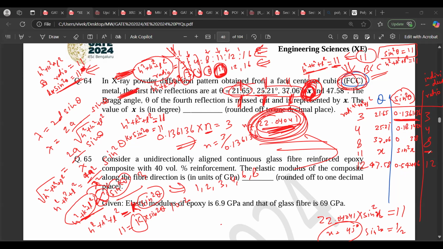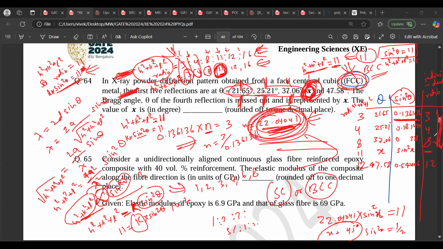If it is coming 1, 2, 3, 4, then it could be simple cubic or BCC, because in BCC also you get 1:2:3:4, and in simple cubic also you get 1:2:3:4. This is the ratio, not an individual value, because we are dividing each number by a factor.